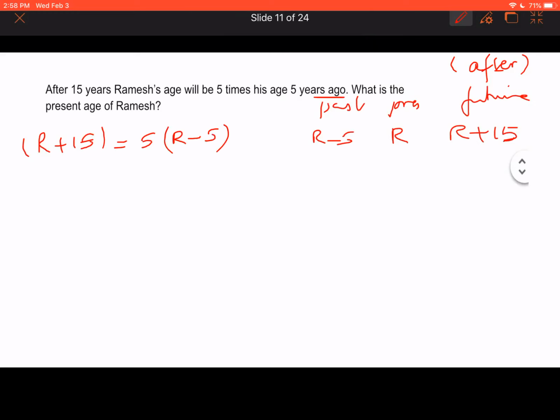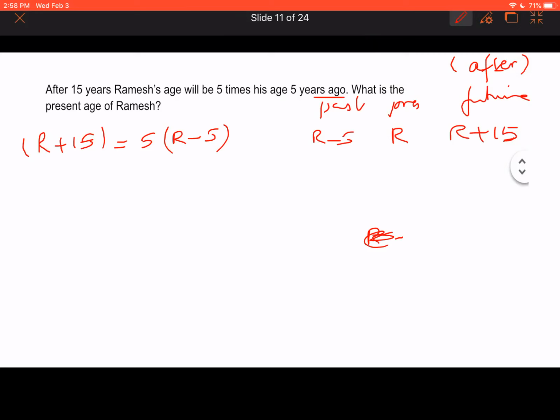So this question is a little different, right? Generally when we say that Ramesh's age is going to be as old as he is, then it is R, and we just stop with R. Now he is 5 years ago, so we put R minus 5.